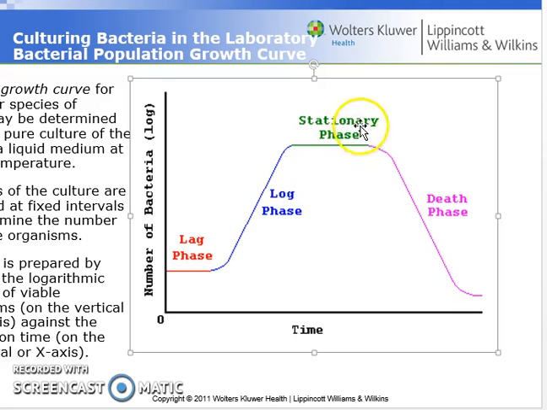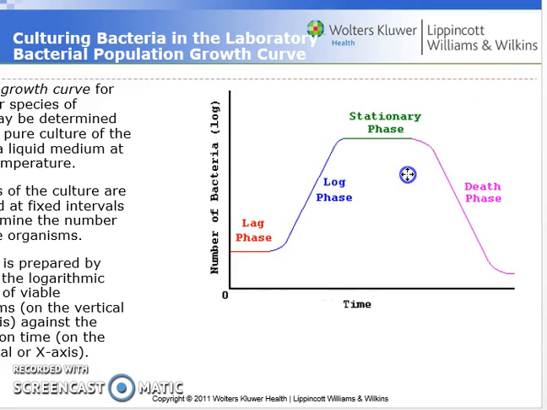And then eventually, as with all things in life, we have the death phase. Once all the nutrients and water resources have been depleted in the environment the microbes are living in, it's time for them to die. So these are the 4 phases of microbial growth in a bacterial population, and this whole diagram is referred to as a growth curve.